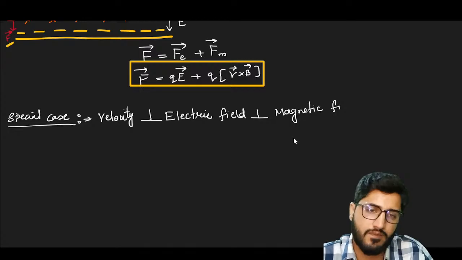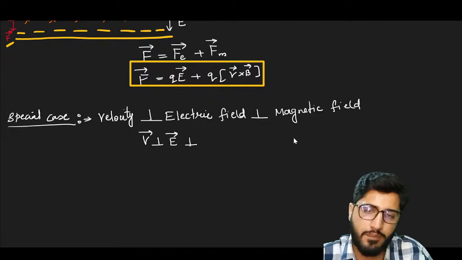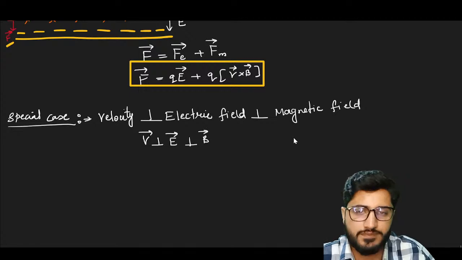That means velocity is perpendicular to electric field and perpendicular to magnetic field. A very unique and special case.